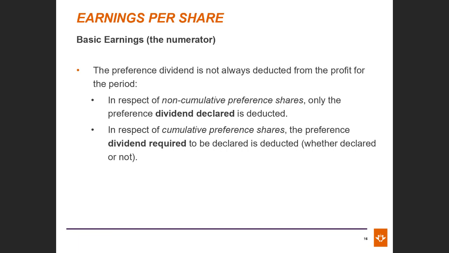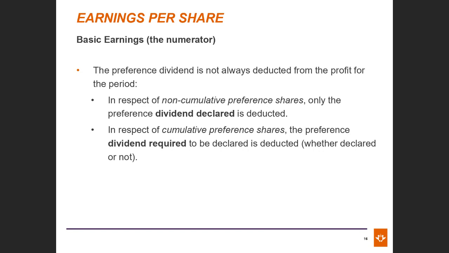So it's important to look at our preference shares and ask ourselves, are they cumulative or non-cumulative? If they are non-cumulative, meaning any dividends that are not paid in the past will never be paid, then in order to deduct any dividend relating to non-cumulative preference shares, the dividend needs to be declared.